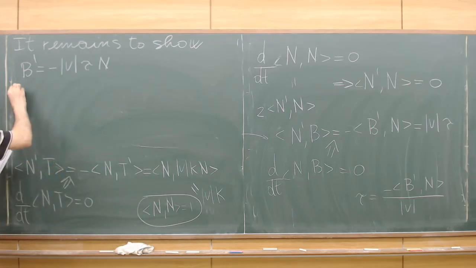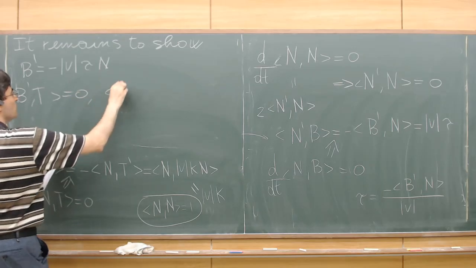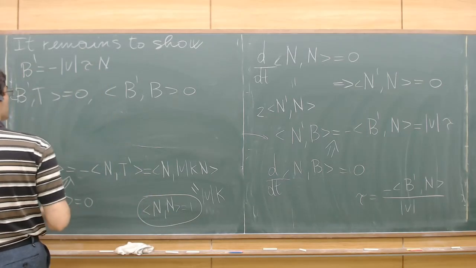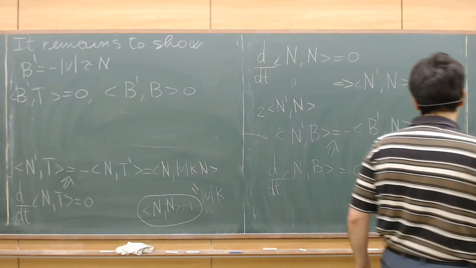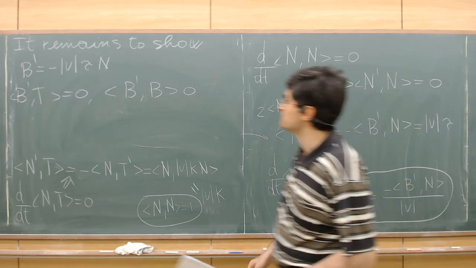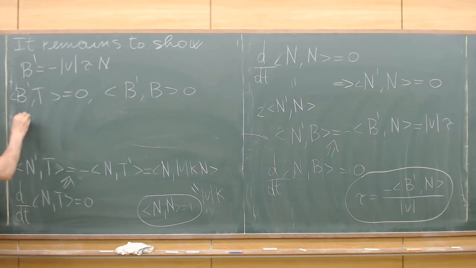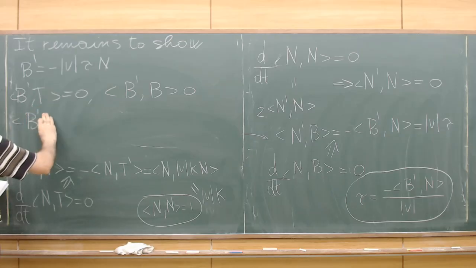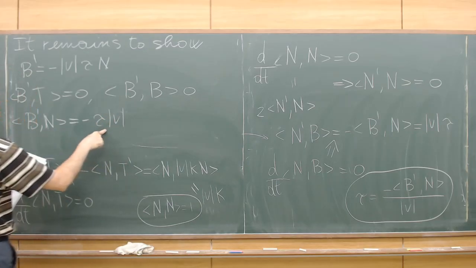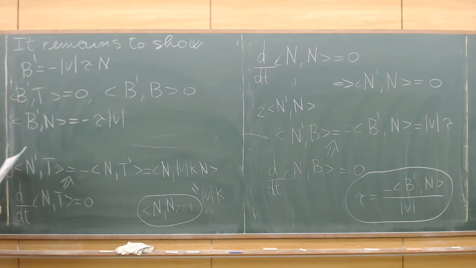We already proved that b prime t is 0. We already proved that b prime, b is 0. And by the definition of torsion, the component of b prime in the direction of n is minus tau times the length of v. And from here, this formula follows immediately.